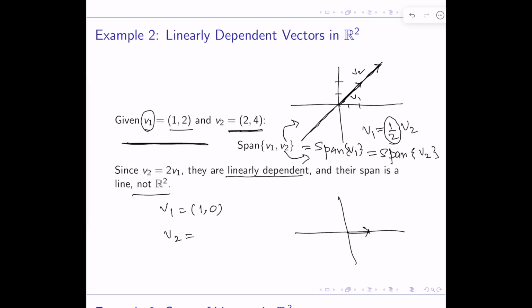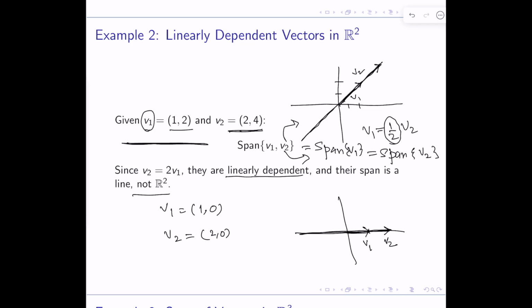V2, if I give you (2, 0), what you will get is the same direction. So you are giving me V1 and V2 in the same direction. So V2 is not giving any extra information, right? You got it, important or not? So this can also generate only the line.